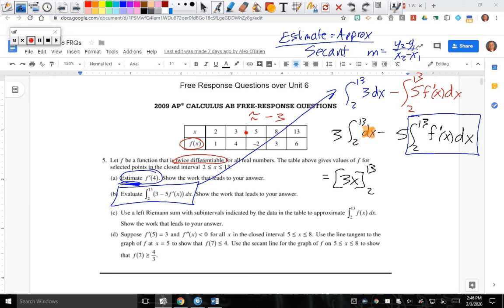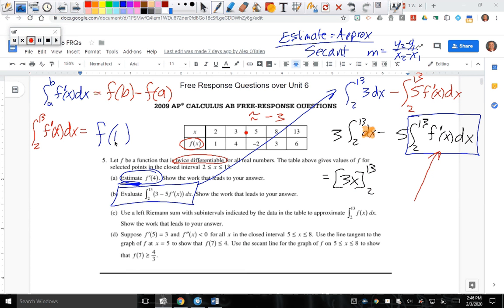This right here, we cannot forget that the integral from a to b of a derivative is equal to its position, otherwise displacement, between those a and b. So over here, this is the same as if you were to write from 2 to 13 of some derivative is equal to the change in position, f of 13 minus f of 2.